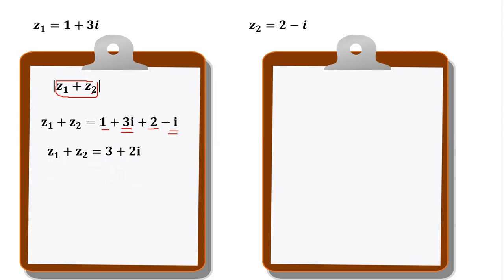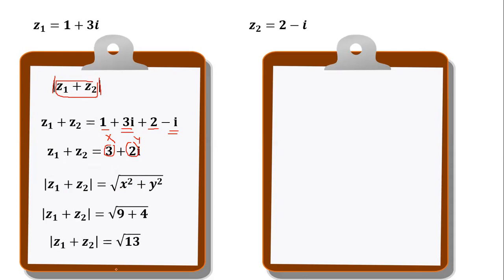After calculating z1 plus z2, we will calculate the modulus. Modulus is radical x squared plus y squared, where x is the real part and y is the imaginary part. We find the modulus is equal to radical 13.